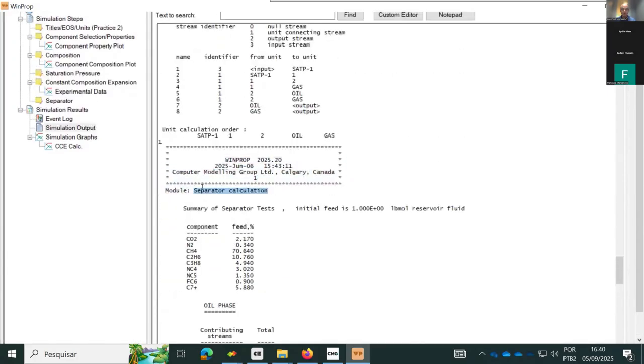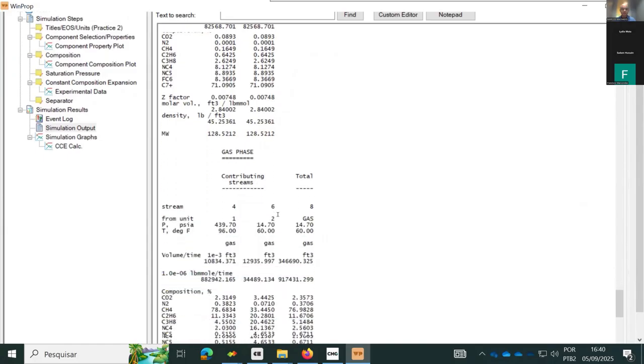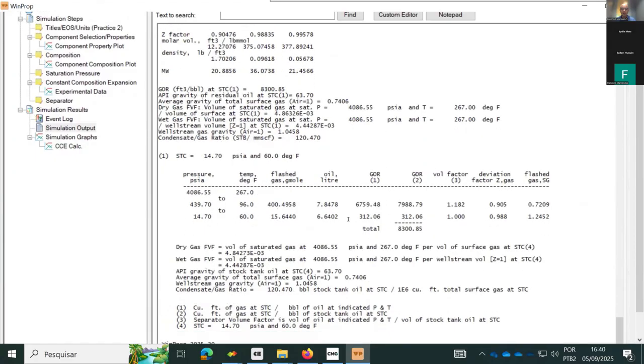So this is the separation calculations equivalent to this keyword. This keyword generates this output for us. I put this composition analysis, and for the separation pressure and the temperature, I generated this prediction. Take a look. This is the saturation pressure predicted by the equation of state using default parameters.